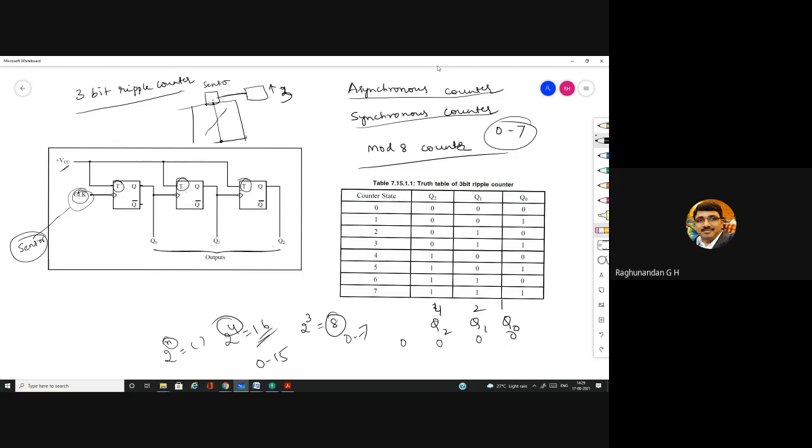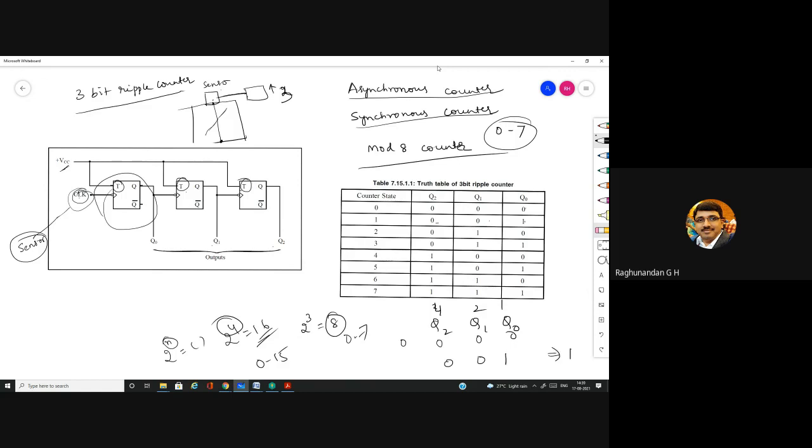Now you can see, 0 was there. First it starts with Q0. The toggling will start with this. 0 was there, 1 is coming. Rest of them are still at 0 only. So 0, 0, 1 indicates the count is 1.